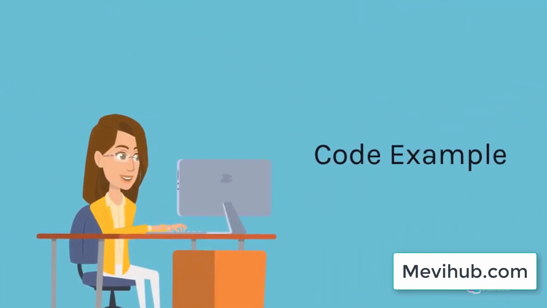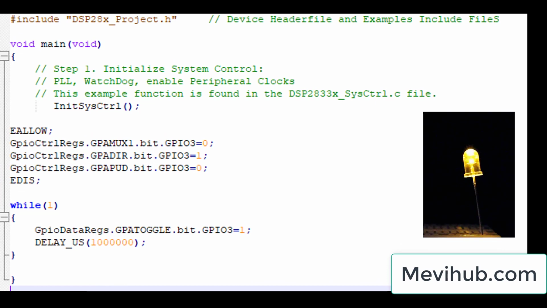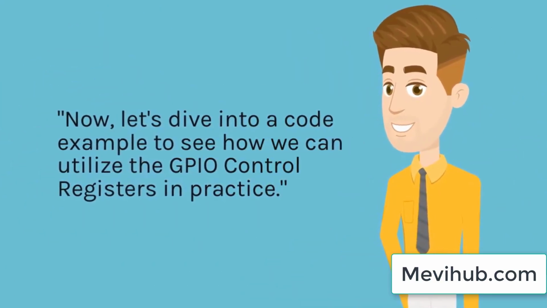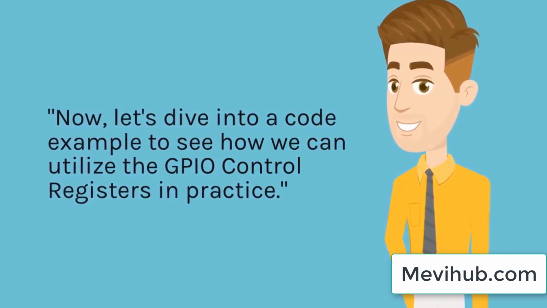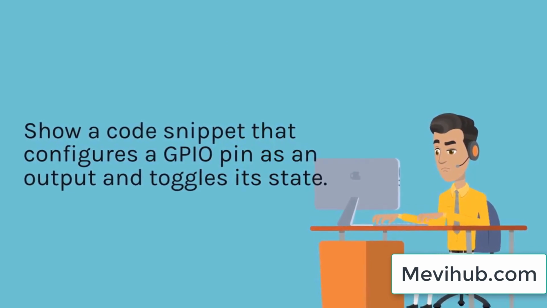Code example: now, let's dive into a code example to see how we can utilize the GPIO control registers in practice. Show a code snippet that configures a GPIO pin as an output and toggles its state.